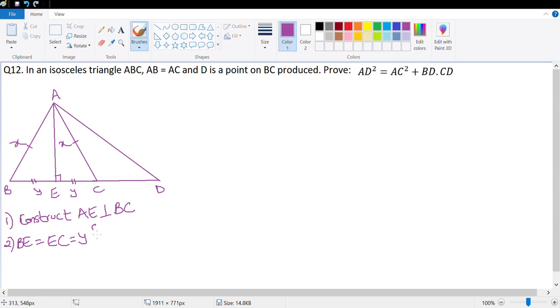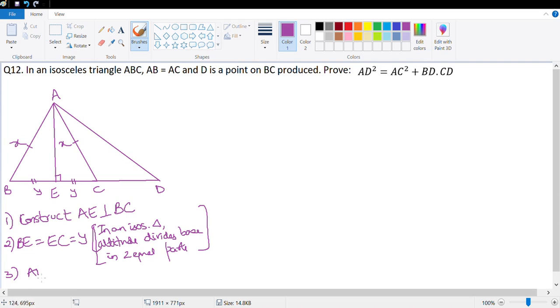The reason for this is, in an isosceles triangle, the altitude divides the base in two equal parts, or bisects the base, whichever way you want to write it. So this is done.